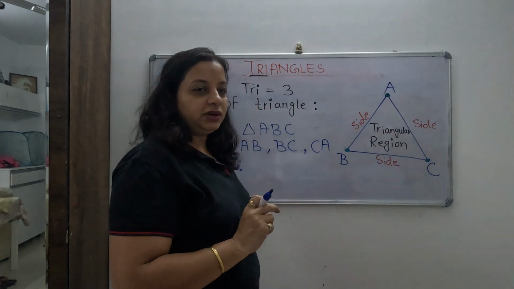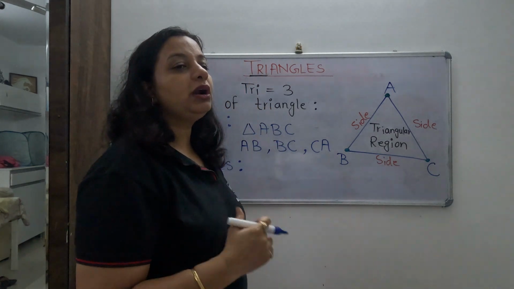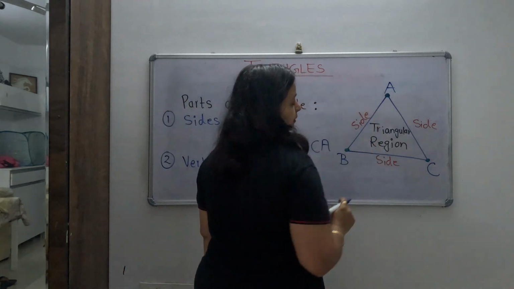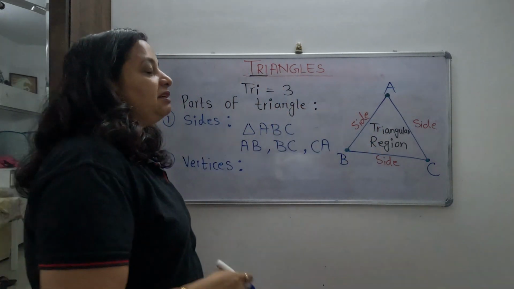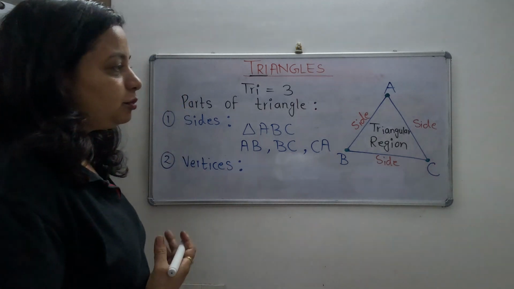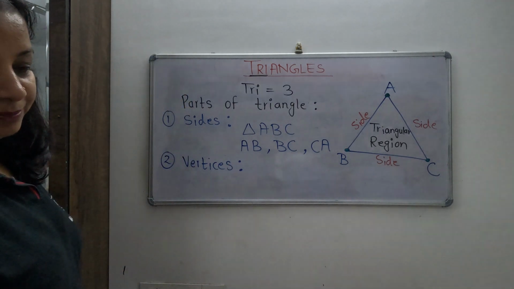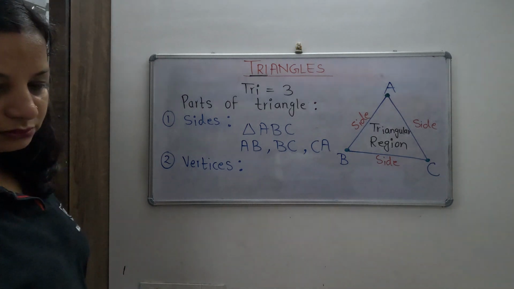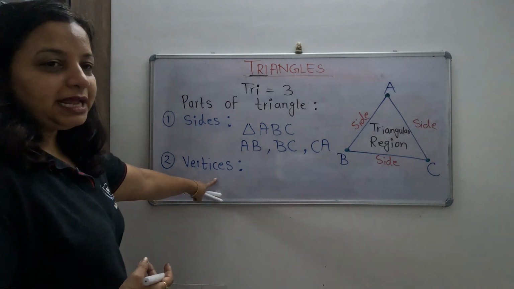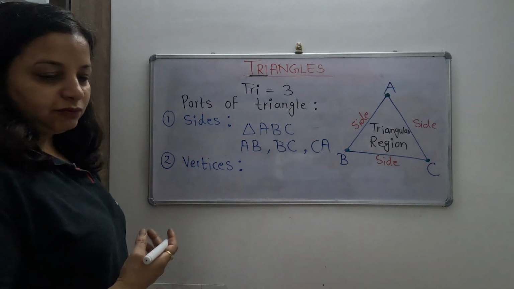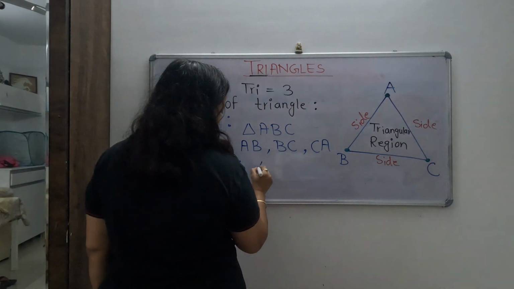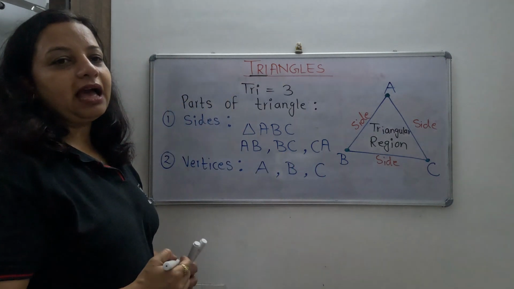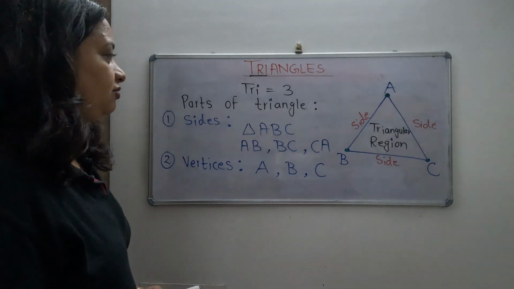Vertex is the singular word, vertices is the plural. One intersecting point is a vertex, and more than one are vertices. So basically we have 3 here. The vertices A, B and C are the vertices of the triangle. We have 3 vertices in the triangle.